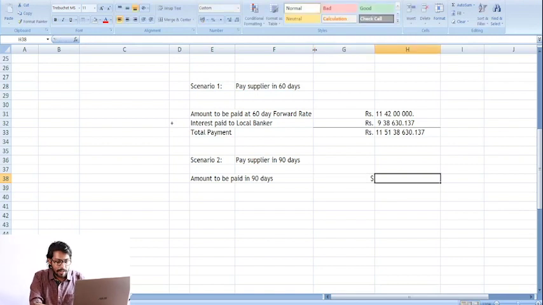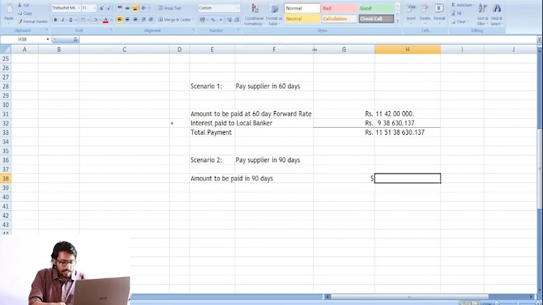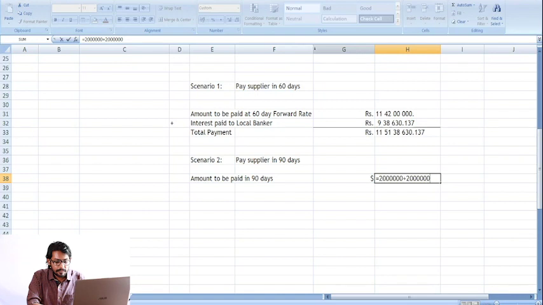You will have to pay 20 lakh plus 20 lakh into 8% into 30 by 365.